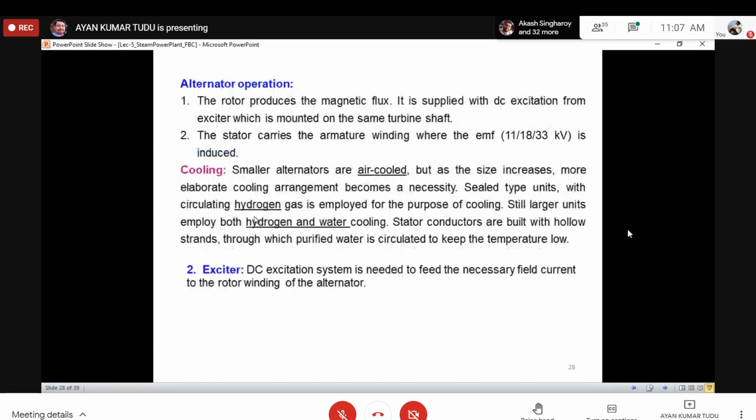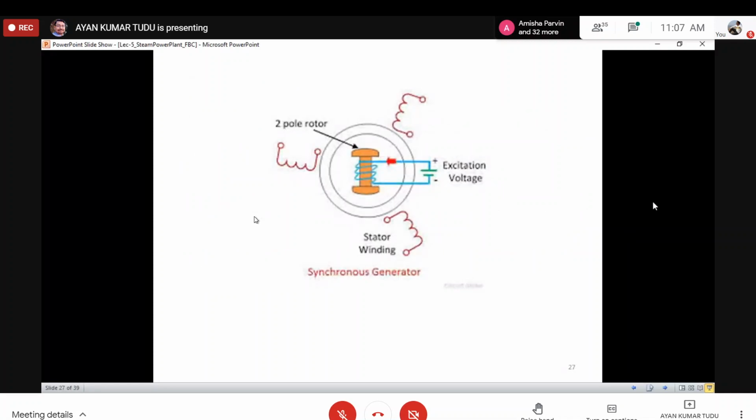I think we have written here also that the DC excitation system is required to feed the necessary field current to the rotor winding of the alternator, and this excitation system must be quite easy to control and also have a very smart response, because later on in your third year classes we'll be seeing that this excitation system is actually controlling the reactive power flow from the synchronous generator.